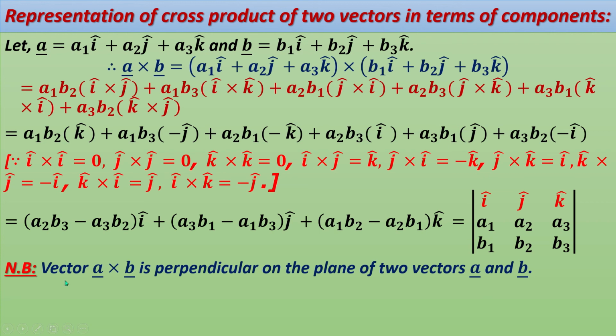Clear? That means the vector A cross B is perpendicular to the plane of the two vectors A and B.